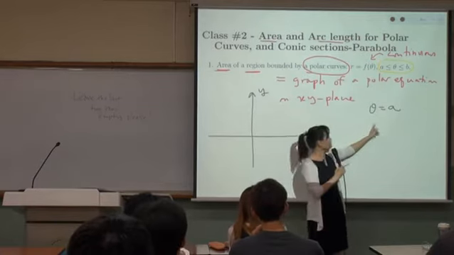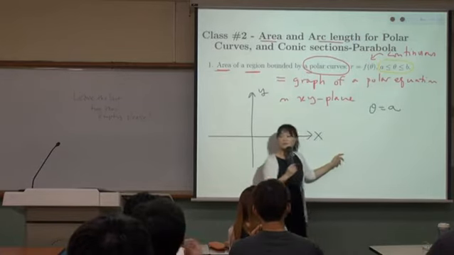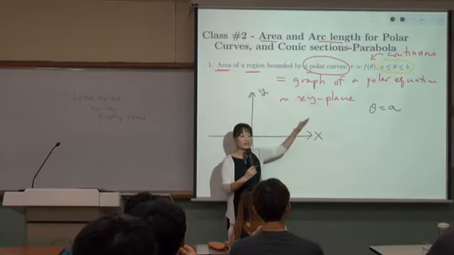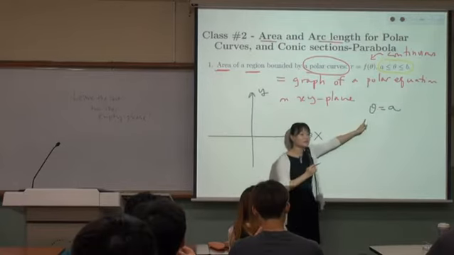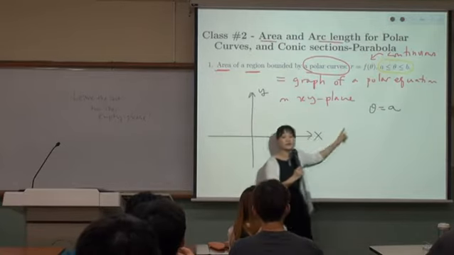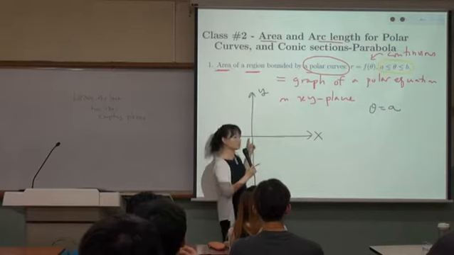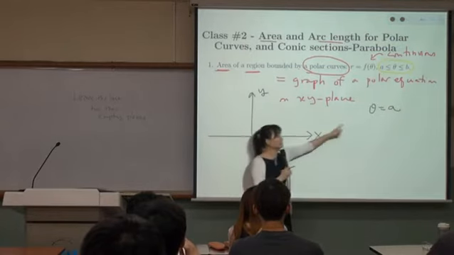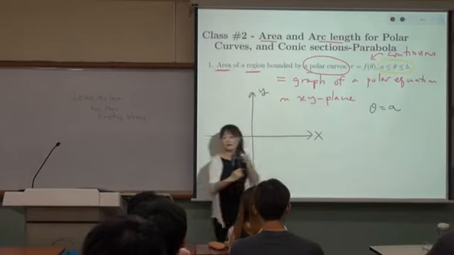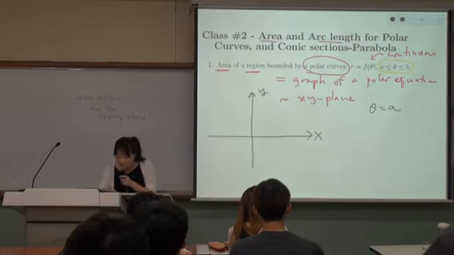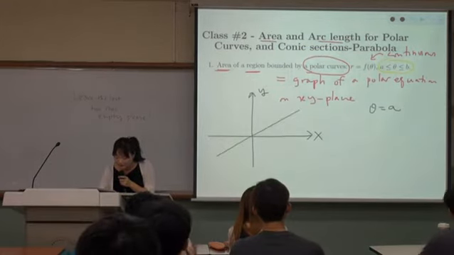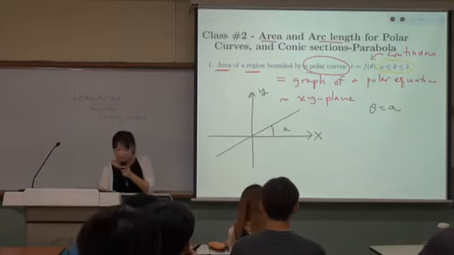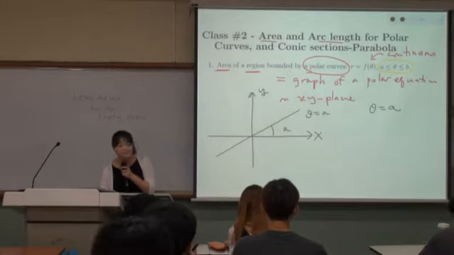When we had theta equal to pi over 4, what was it? It was a line, right? So this is a line that goes through the origin, at angle A. So theta equal to A is a line where the angle is A.